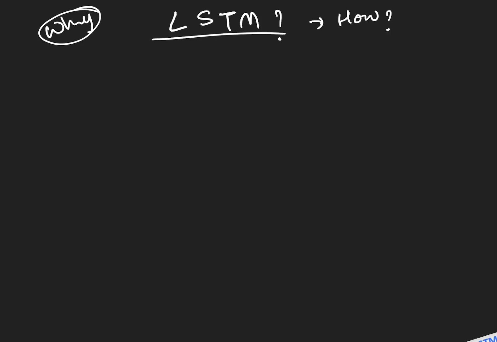First of all, there's a philosophy that neural networks try to replicate our human brains. The inspiration for a perceptron, for a neuron, actually came from our human brain.